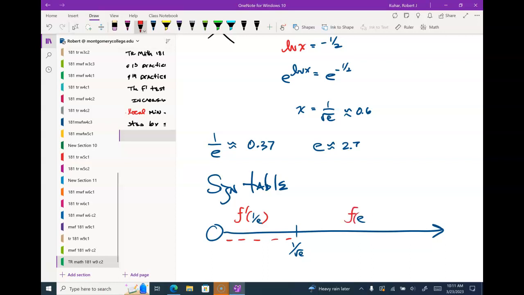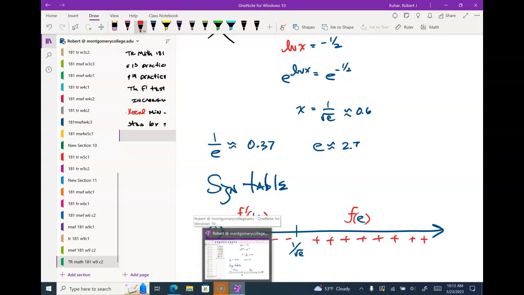And over here, f prime of e must be positive. So you see how much easier that sign table is compared to pre-cal? I don't know why you're not all nodding madly at me about how much that sign table in pre-cal was a pain in the everything. So this is how we do them now.